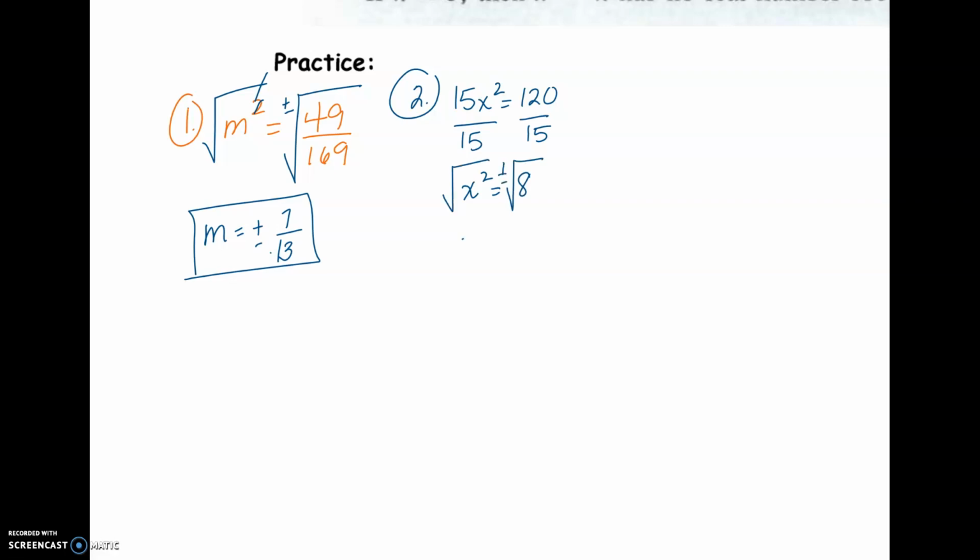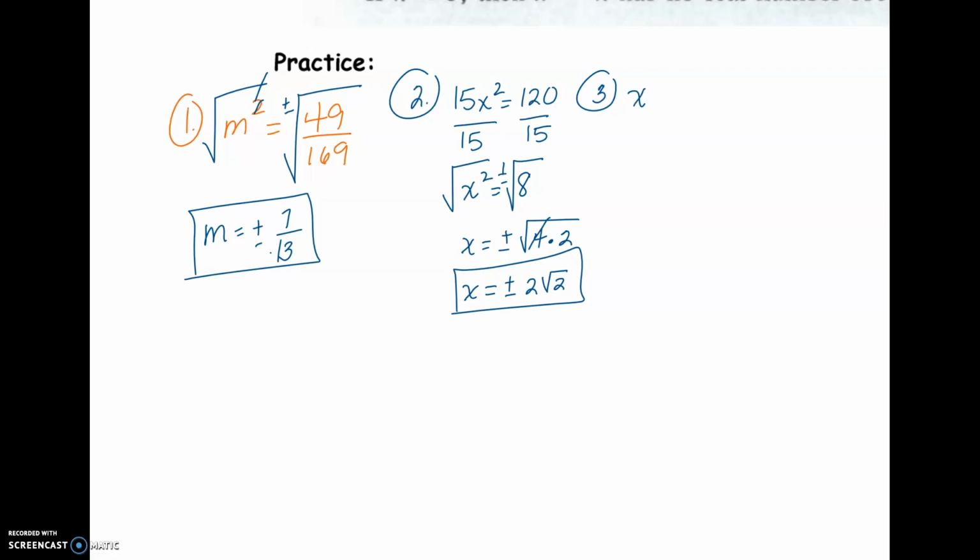And when we do that, we get x equals plus or minus the square root of 8. If you remember, 8 is not a perfect square, but there's a factor, 4, that is. So if we pull that out, we get x equals positive or negative 2 square root of 2, because 4 is a perfect square. And we would have known that there were two solutions because when we got x squared by itself, it was equal to 8, and 8 is greater than 0.